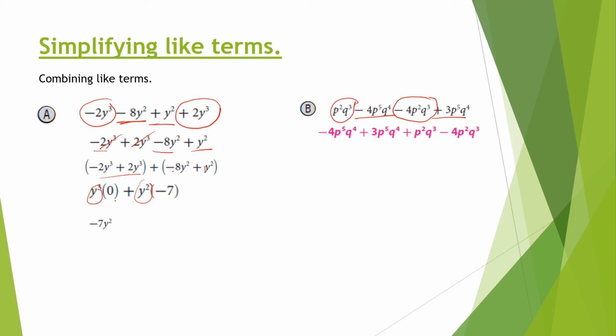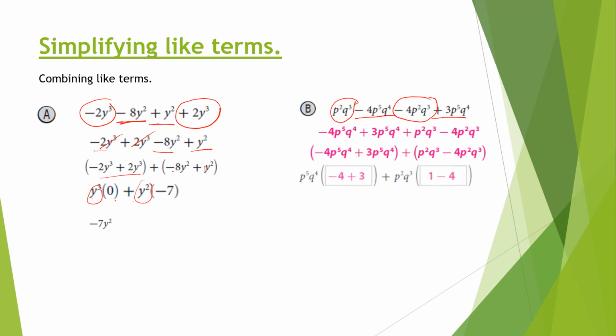Let's put them beside each other and let's start. Negative 4 p power 5 q power 4 and positive 3 p power 5 q power 4, and here p power 2 q power 3 and negative 4 p power 2 q power 3.